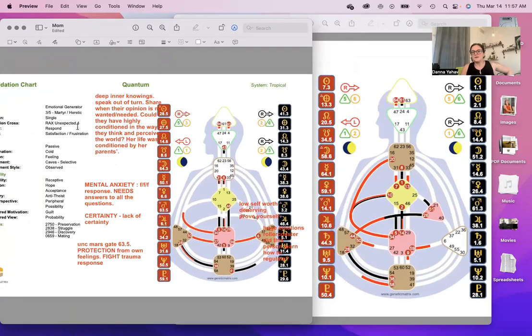Okay. So when I look at the two charts together, notice that I'm not creating a composite chart. I don't really care about the energy when the two are together. And here's why.